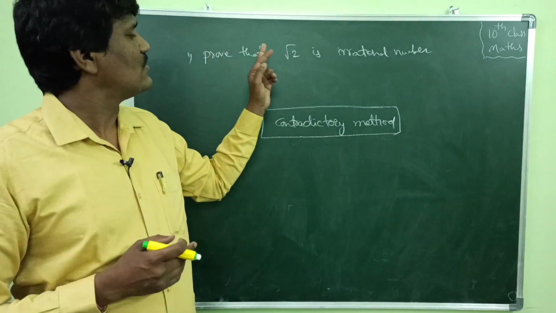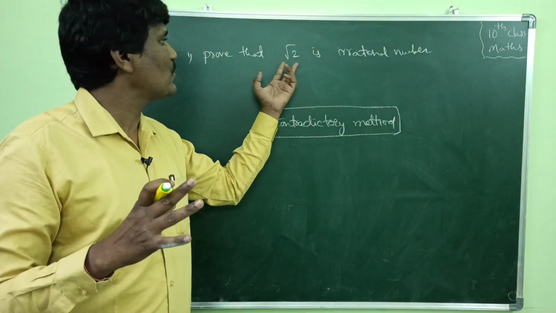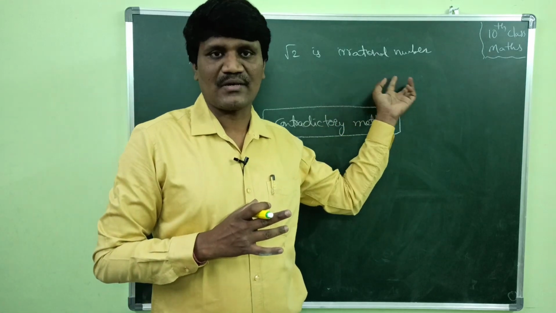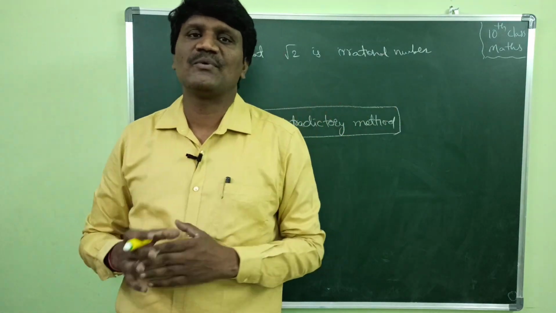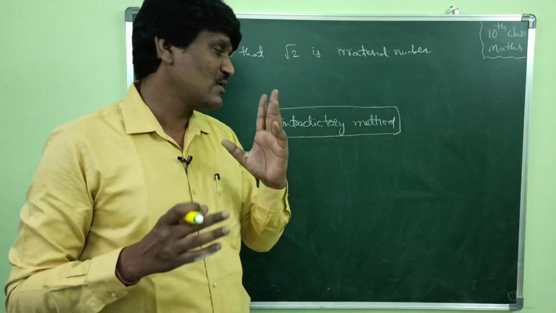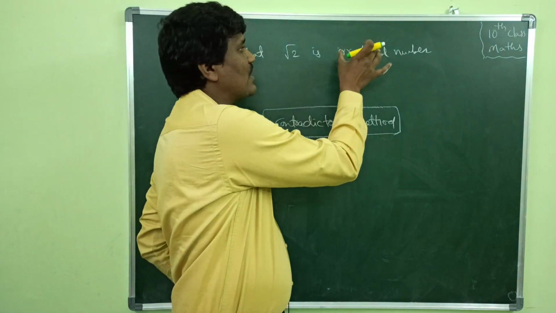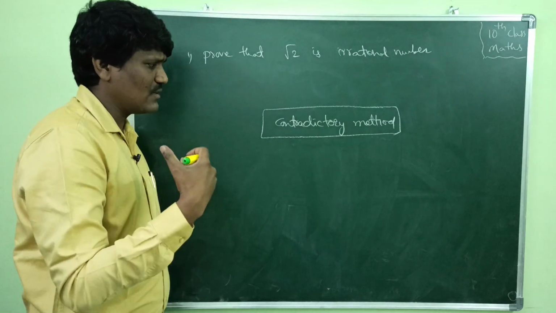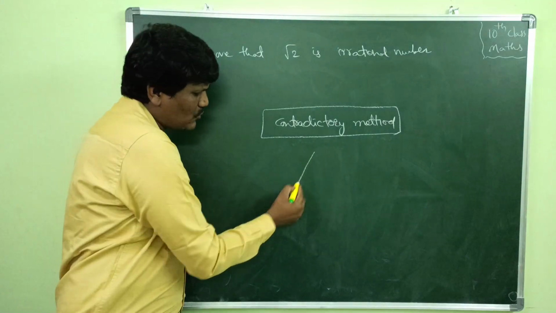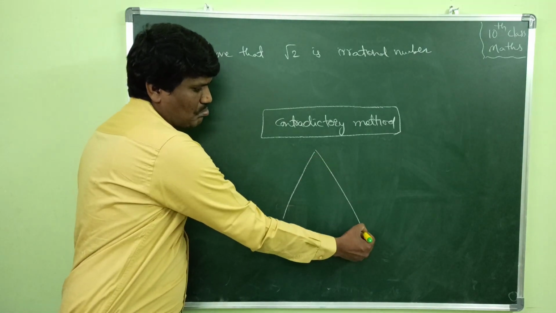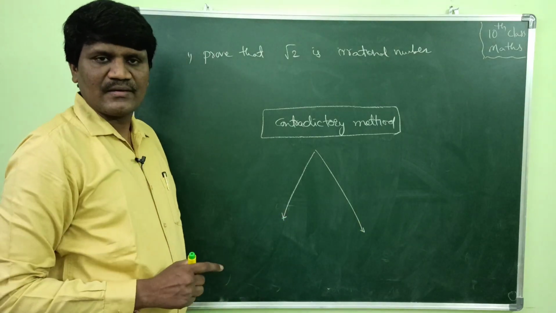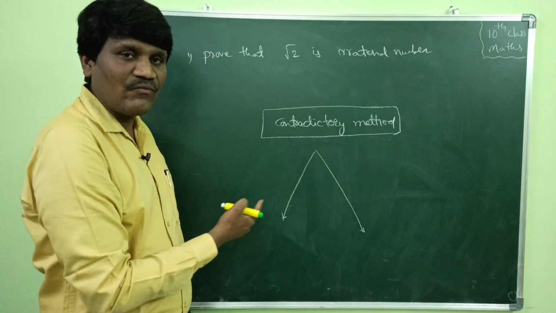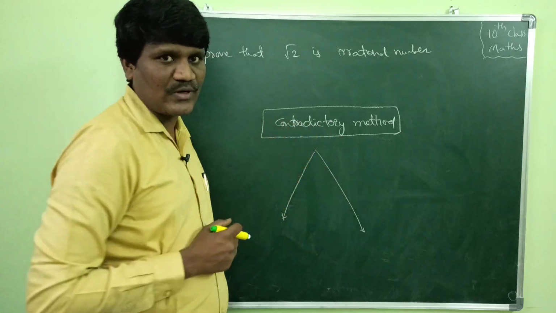Then first we should consider the given root 2 is a rational number. That is the contradictory method. If an irrational number is given, take it as, in contradictory, a rational. If there are two ways, which way to be selected is important.